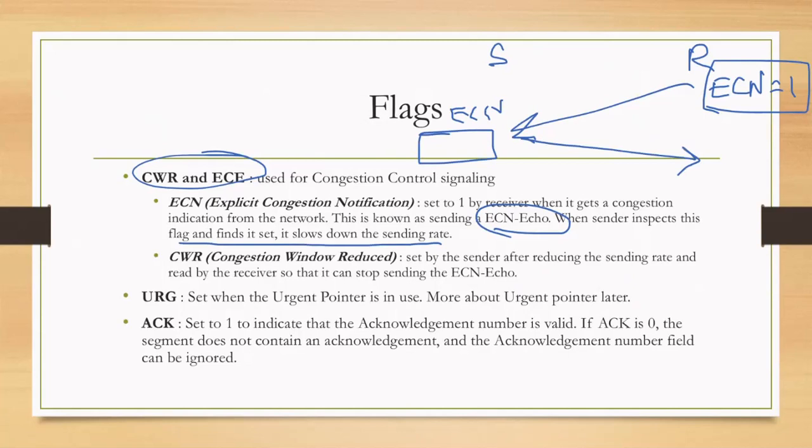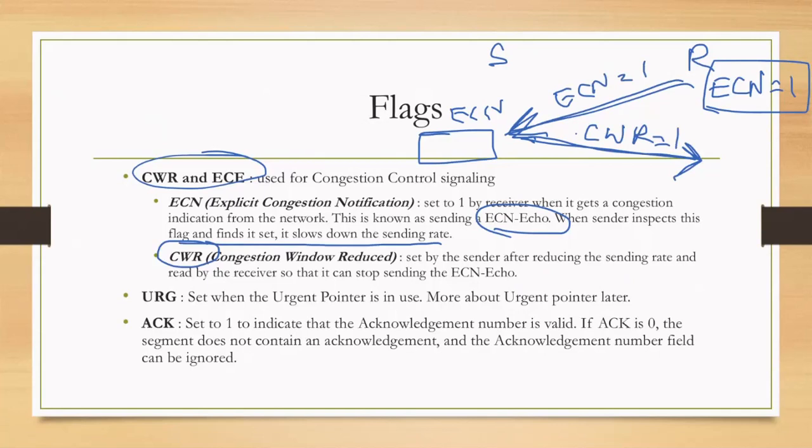So in the segment that it sends to the receiver, informing it that it is slowing down and not to send ECN equal to 1 anymore, it will set CWR to 1. This flag is called the congestion window reduced flag.